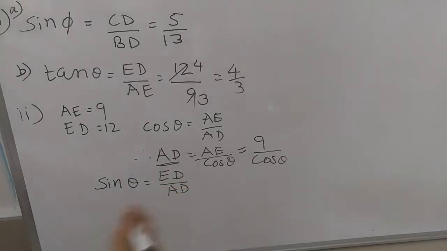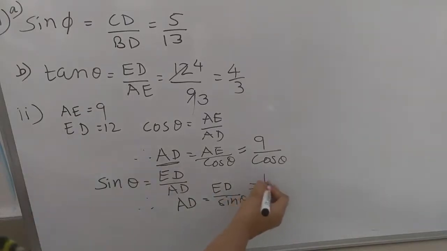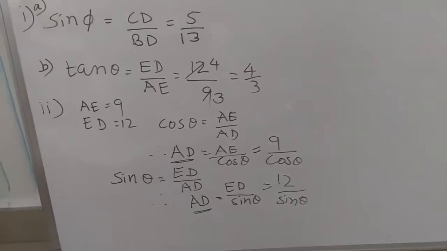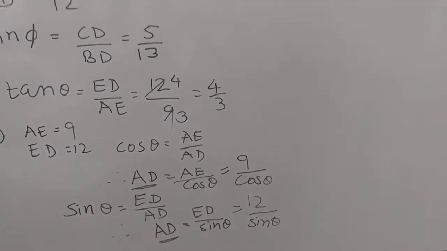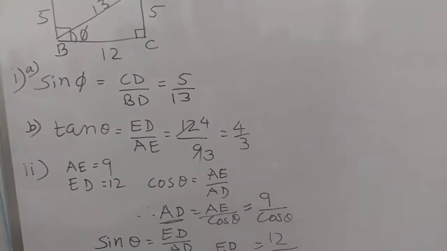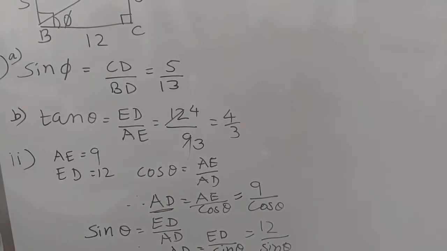So AD is equal to ED upon sine theta. ED value here is 12, so 12 upon sine theta. So we have written another way of AD also. This way, two ways you can write the AD value, either with sine or cos theta. So these are the answers of our question number 11.